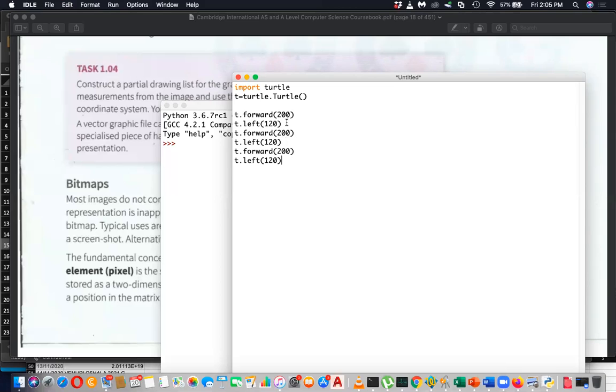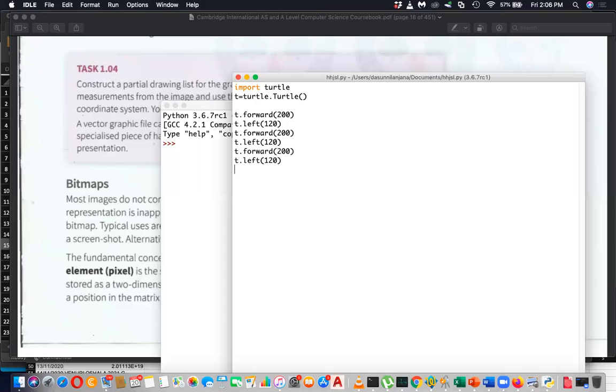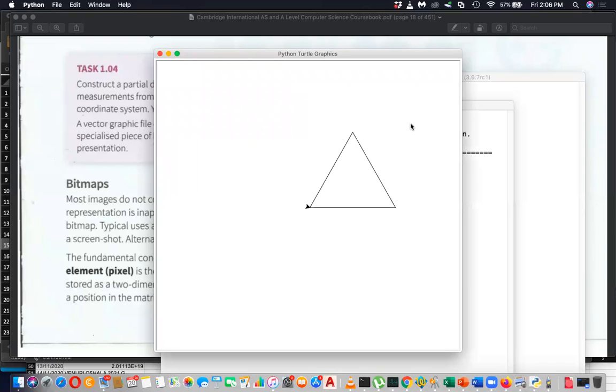This is called a vector. Vector means I wrote a code, it does mathematical calculation, going 200 pixels forward, then turning 120 degrees, which will ultimately create this one. That is a triangle. But that is not pixel based. I have not created any matrix.